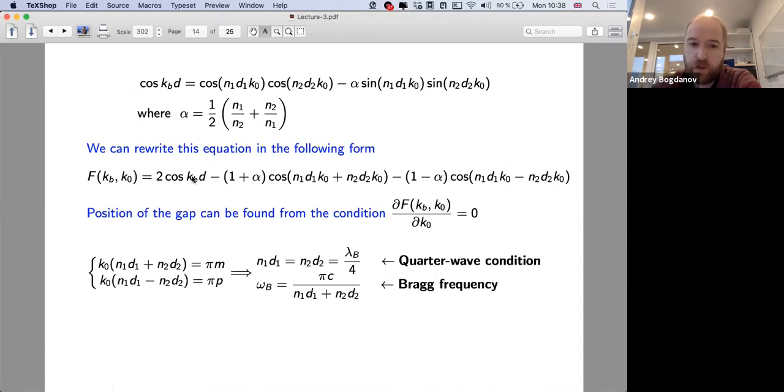So first, I will divide it by 2 and put the cosine to the left and divide both sides by -1. Okay, cosine is 1 minus KBD over 2.